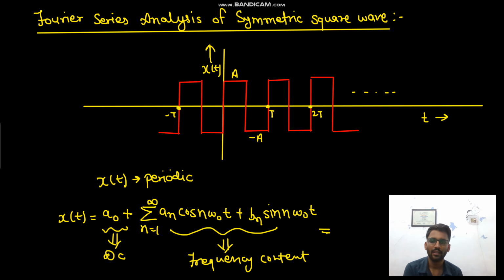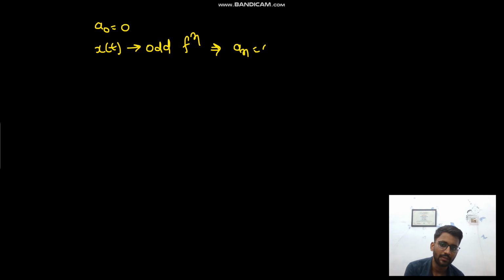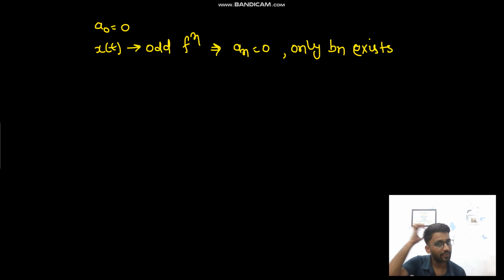You can see our x(t) is an odd function. If it is an odd function, then a_n will be 0 and only b_n exists. If it was an even function, then only a_n would exist and b_n would be 0.